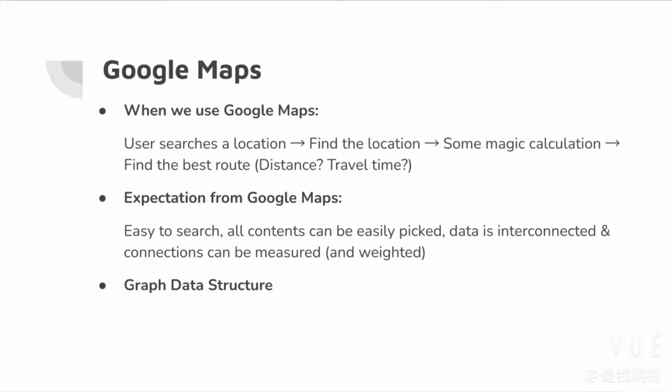And as we said, there are a lot of criteria of best route, so this connection should also be able to be weighted. Given all of this, we get a conclusion: maybe graph data structure is the best choice for Google Maps.